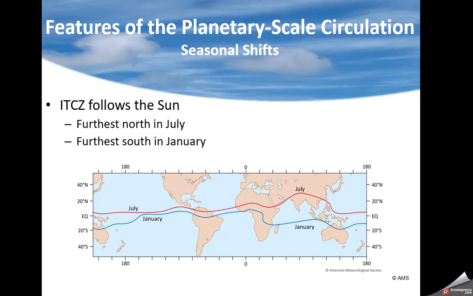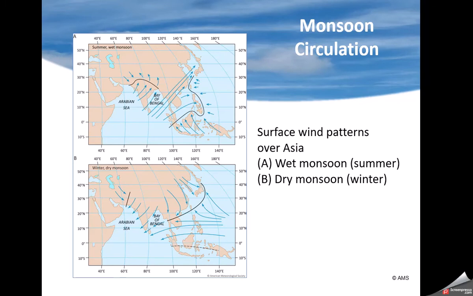But now over land, on the other hand, India, China, they got lots of land there that really heats up in the summertime. So what's it do? It allows the ITCZ to move north so that it changes literally the flow pattern in these areas. And what does it do? Well, it creates monsoons.